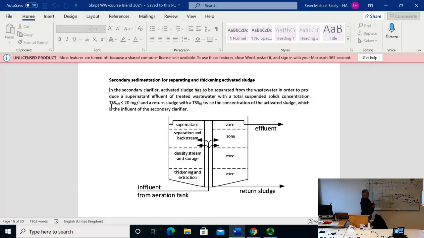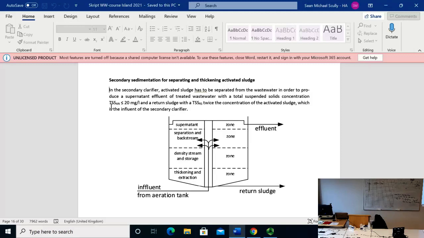But in a tank, you might have a longer time because you have here a zone for thickening and extraction. You have here a zone of density stream and storage. And you have here a separation and backstream zone. That's where the sedimentation takes place. This is where the thickening, well, this is a little bit storage area because this is a little bit for when you get stormwater.